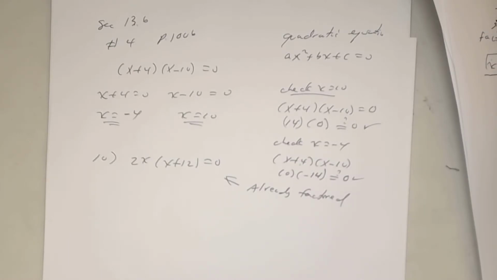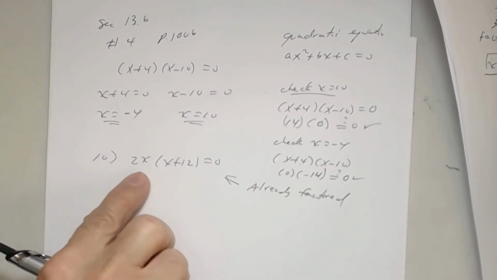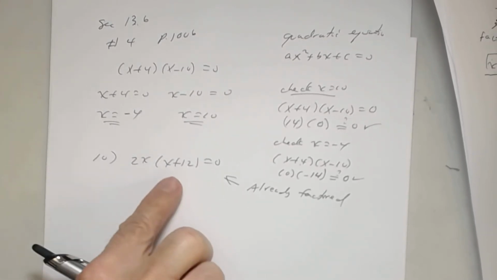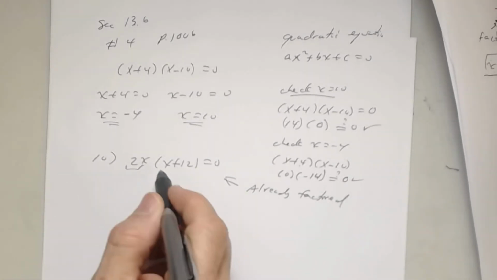So tell me what your factors are. Okay, you can leave it as 2x, although 2 is one, x is another one. But you can put 2x together. Most students do. Although there are 3 factors, though. 2 times, what's the other one? X times, what's the other one? X plus 12. There are actually 3 factors. But if you want to put the 2x together, you can.